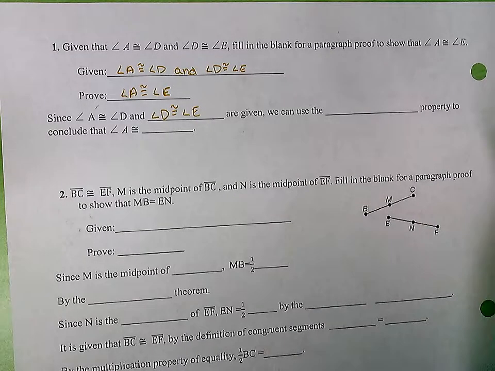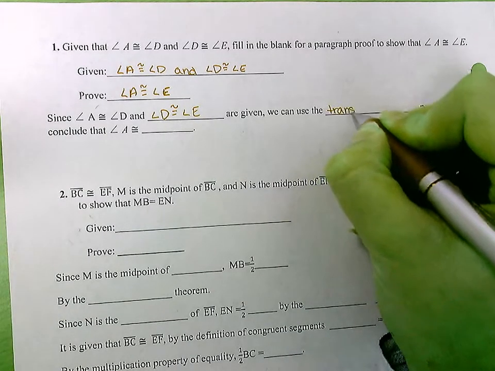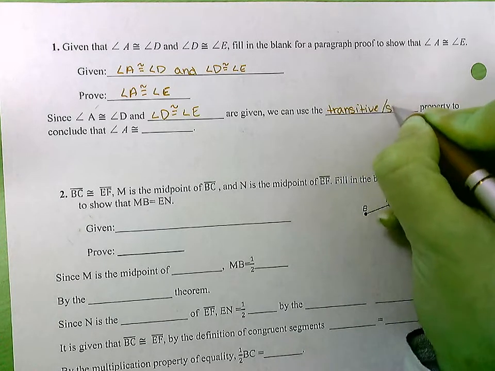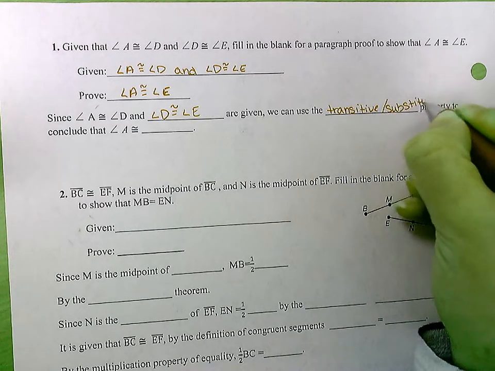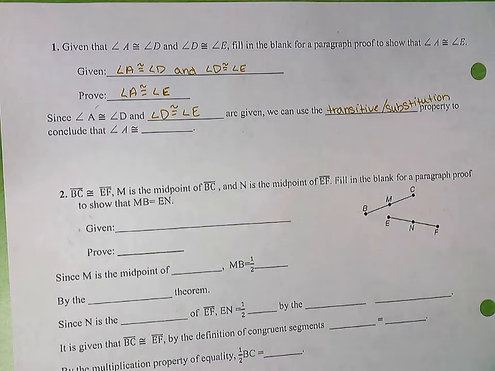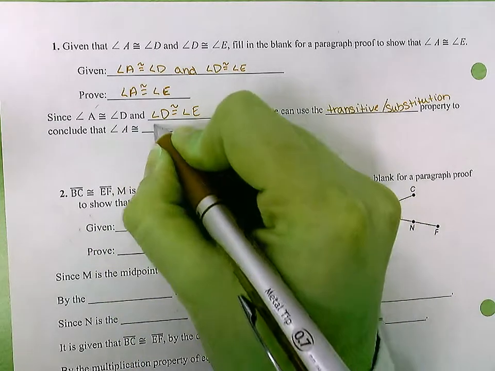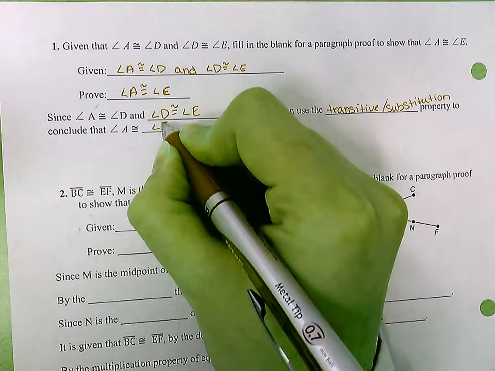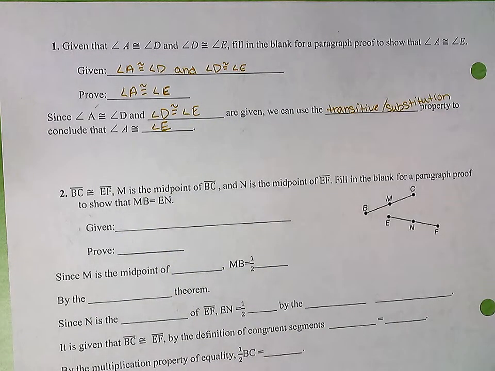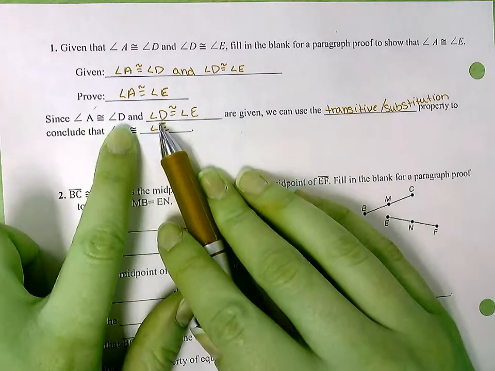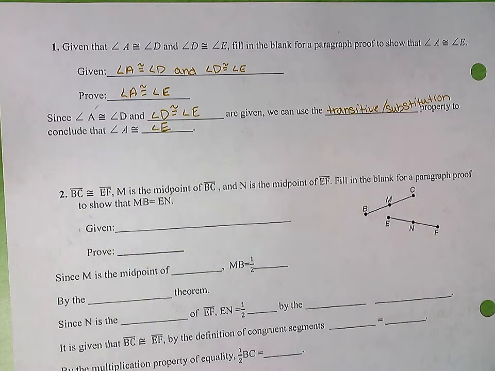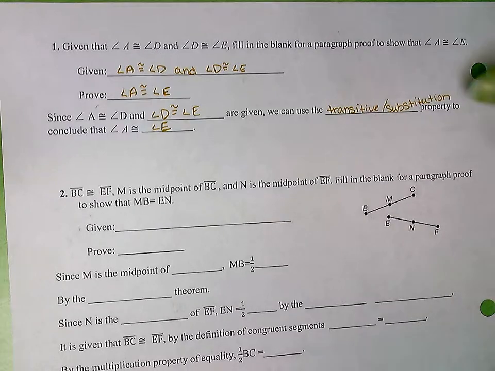You could have said the transitive property or the substitution property to conclude that angle A would then be congruent to angle E. Since both A and E are congruent to D, they must be congruent to each other. That's just what your transitive property says. Questions on 1?